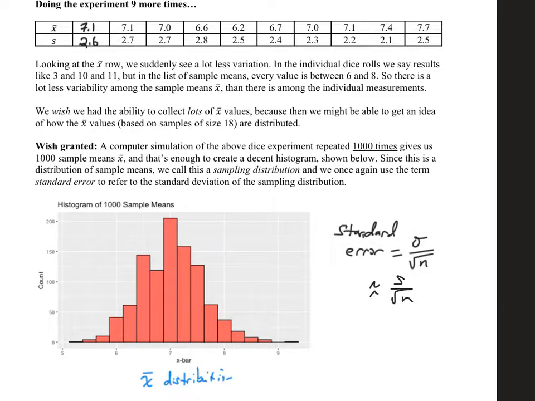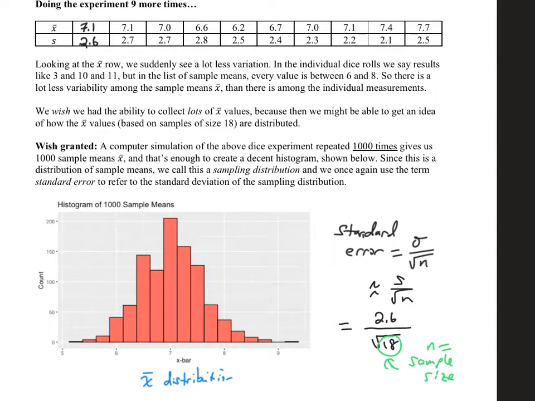In this problem, let's just say I use 2.6, since that's the one I got for the numbers I showed you, over the square root of 18. And again, 18 here is the sample size. So it's not just a random number in the problem, the letter n in this formula stands for sample size.